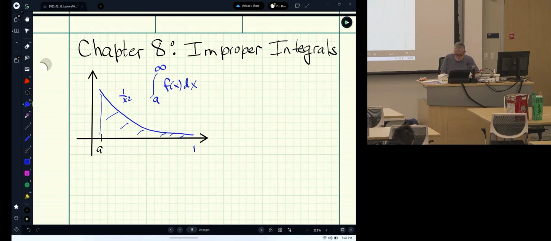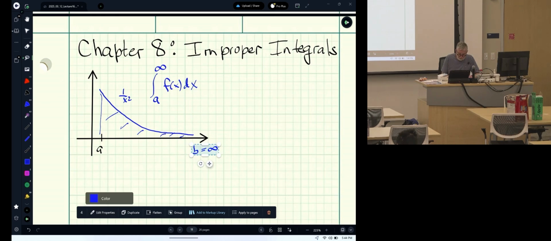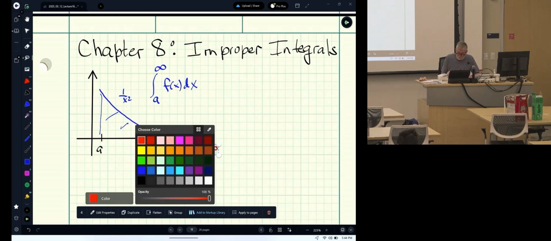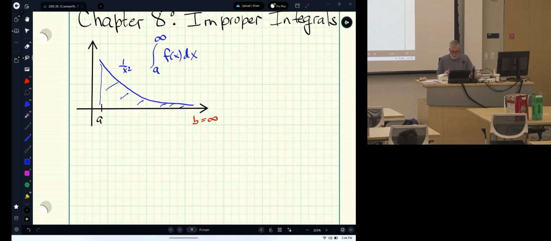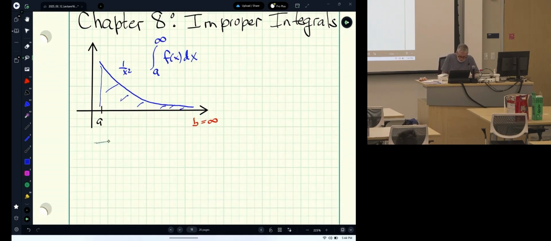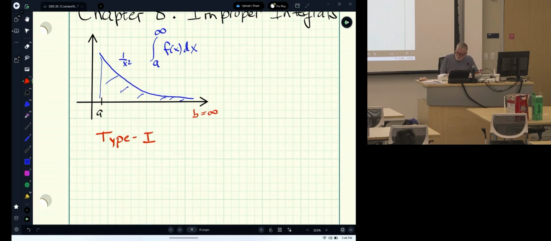And here, b equals infinity. In fact, that should be in red because it's dangerous, okay? That's where the danger comes from. So this is a type I, Roman numeral, capital I, and it means an unbounded limit.